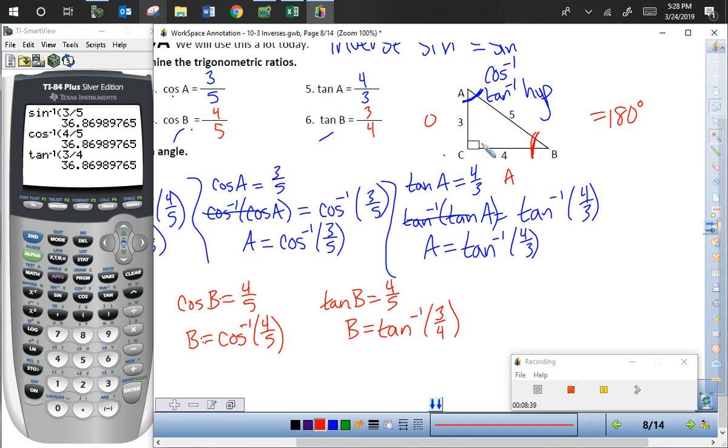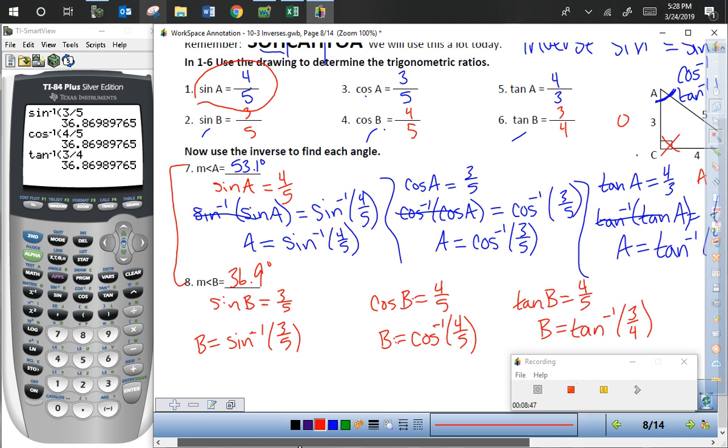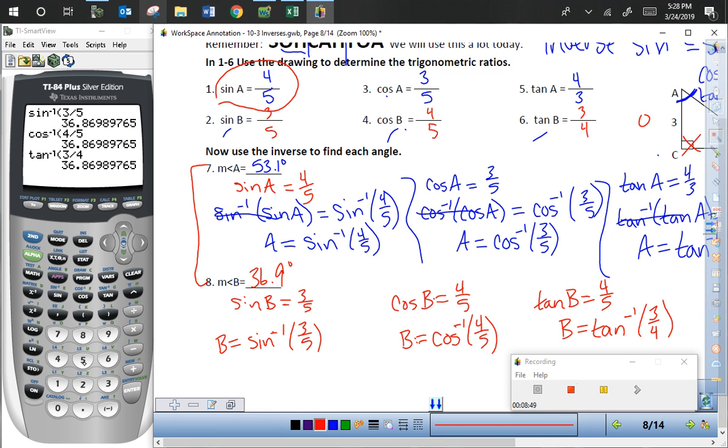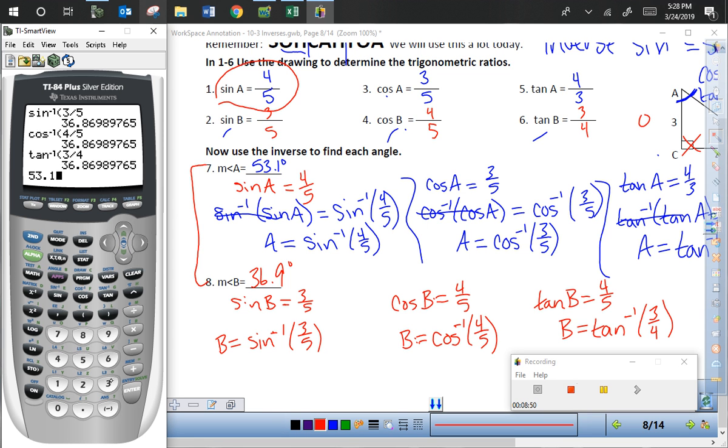Well, when you take out 90 degrees of it, you should be left with 90 degrees between the 2 acute angles. If we go over here and use our 53.1 plus our 36.9, you'll notice they add up to 90 degrees. For that reason, when we're solving for both angles in the triangle, we're only going to solve for one of them, and then we'll subtract from 90 degrees to find the other one.